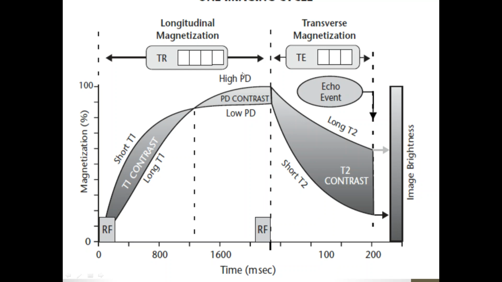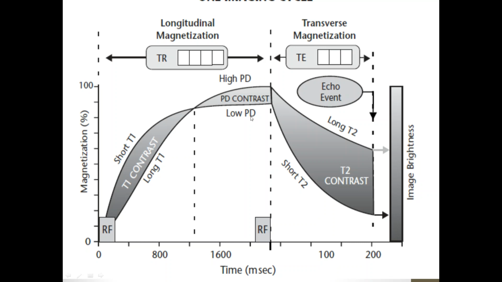So that's the reason why we are selecting TR and TE specific for each sequence. We are selecting long TR, long TE for the T2 sequence, and we are selecting short TR and short TE for the T1 sequence, and we are selecting long TR and short TE for the proton density sequence.